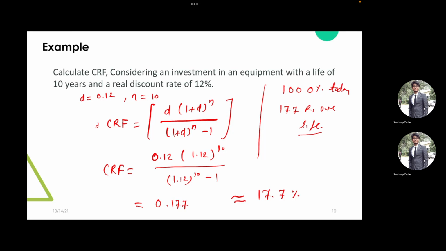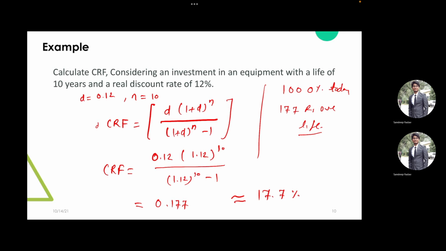Now let's move on to the next thing, net present value. But first, let me show you one more thing about CRF. We can calculate what happens if we increase the discount rate to 30%.